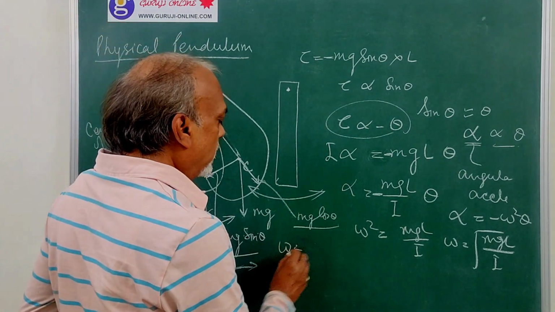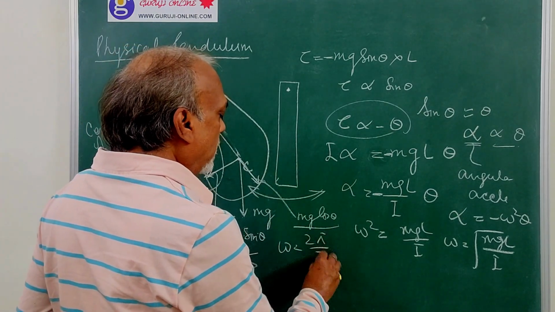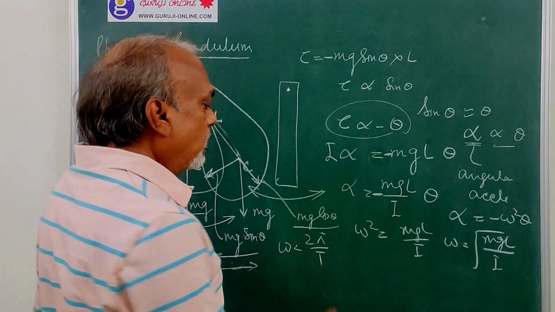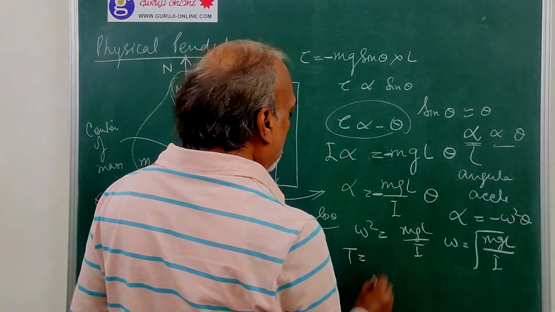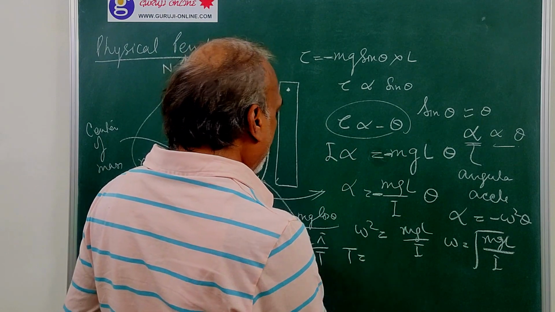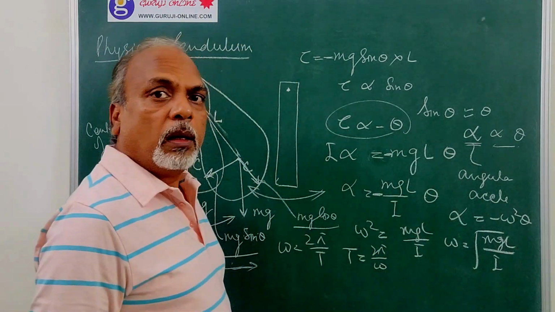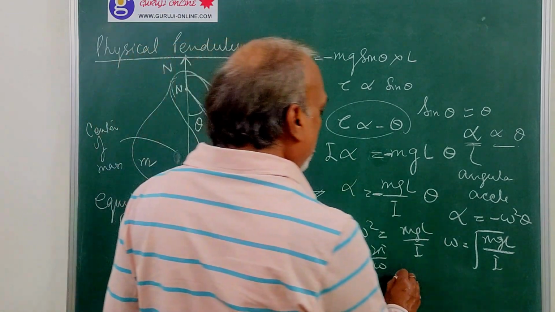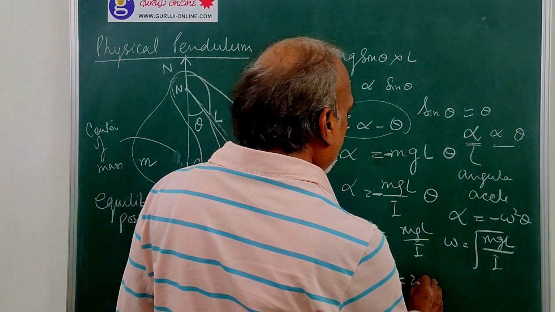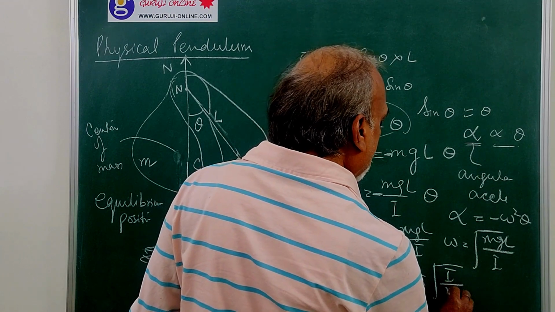Omega is nothing but the angular velocity, and this is nothing but 2 pi by T. So your T is again the same thing. Your T is nothing but 2 pi upon omega, correct? And this will be nothing but 2 pi root of I upon mgl.